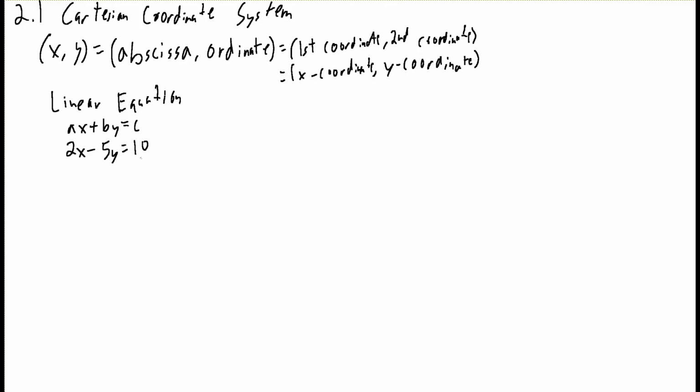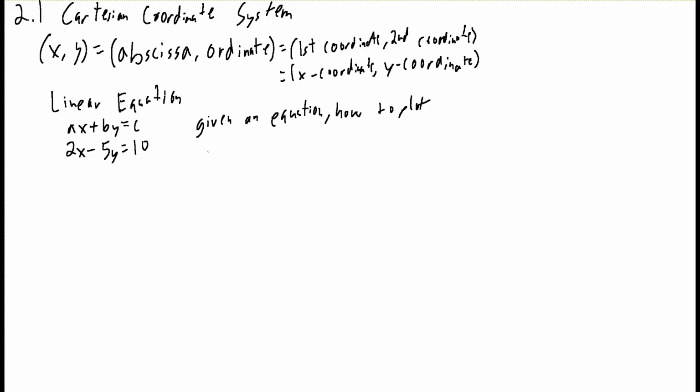All right, well, how do we plot this thing? So given an equation, how is it plotted? How to plot these guys? Okay, well, the nice thing about straight lines is that you only need 2 points to define your straight line.